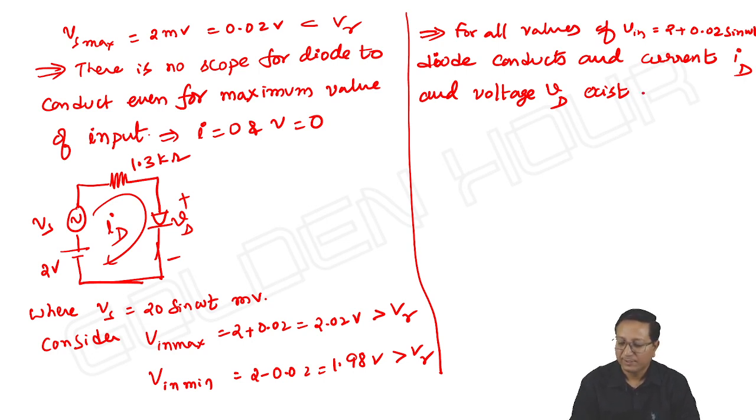Both will exist. Then how do we write this current and voltage?